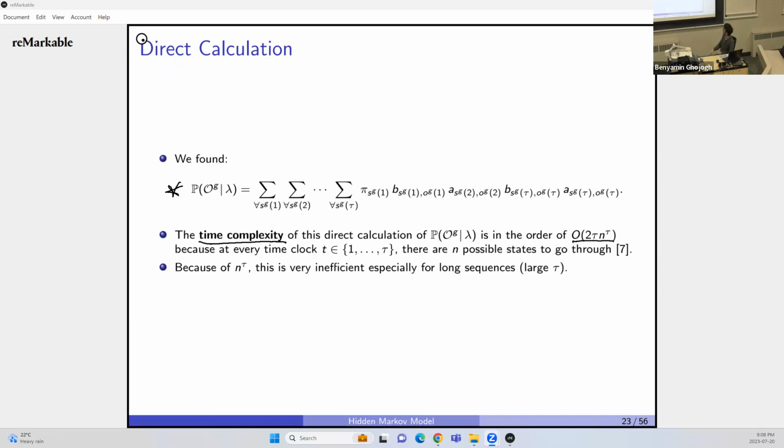This is the length of the state sequence. So it's very bad. Because why? Because at every time clock t from 1 to tau, there are N possible states to go through, right? So because of N to the power of tau, this is very inefficient, especially for long sequences. When tau is large, the time complexity blows up.